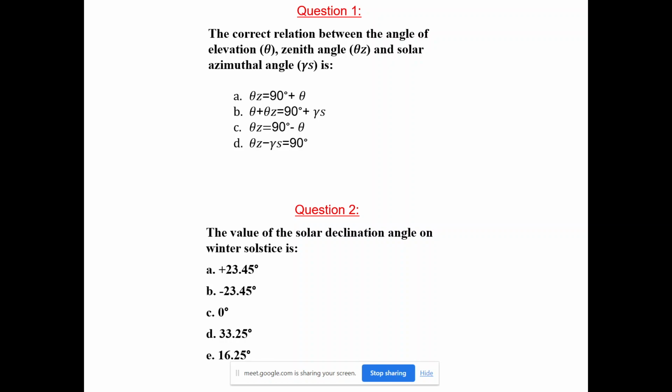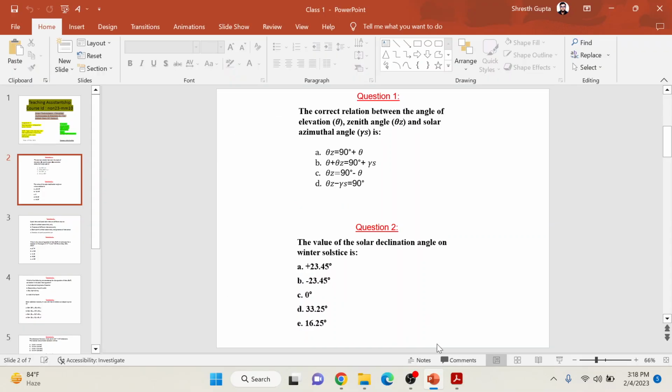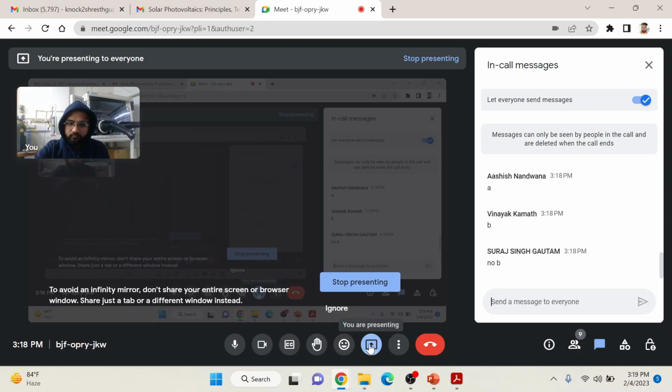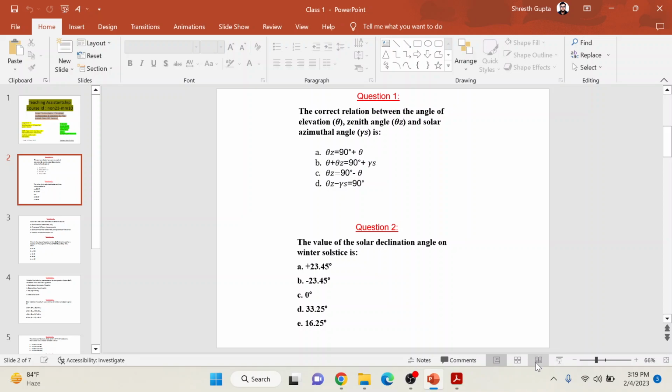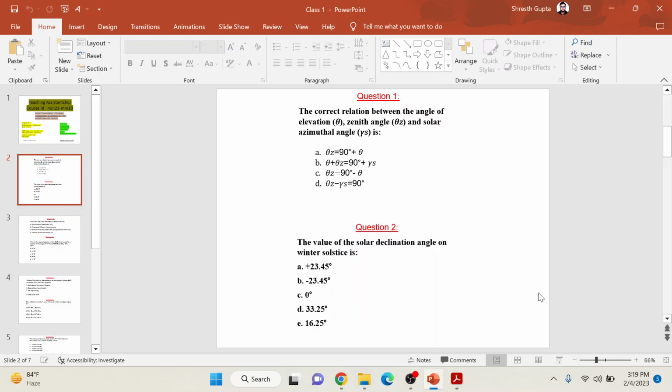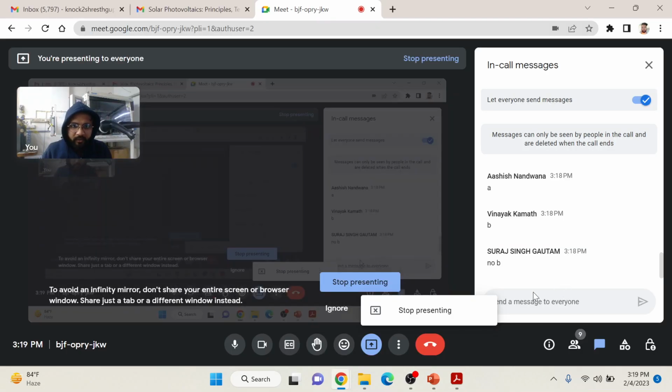Yeah, the answer is A. Okay. Others? The answer is B, minus 23.45. You're able to see the slides, right? Yes, we are able to see it. Okay. Other people?